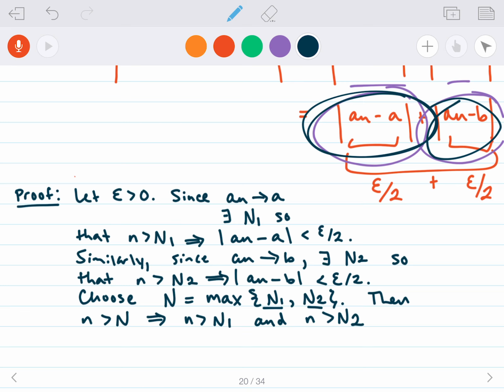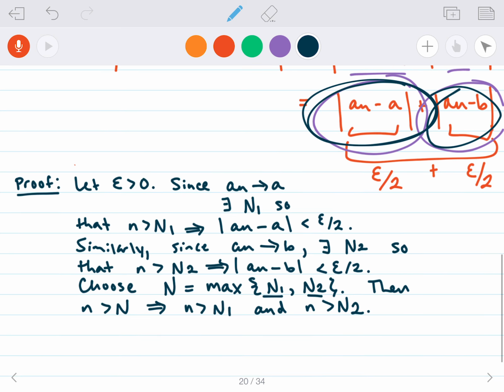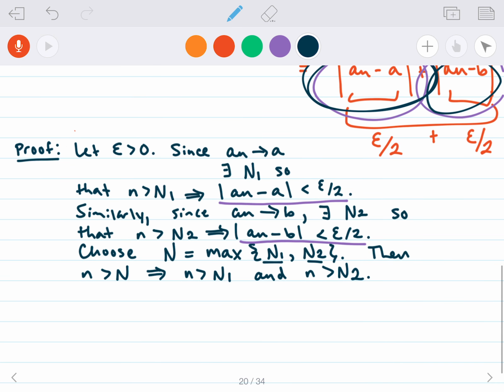Because if N1 is bigger, then N2 is going to be the smaller thing. So if little n is bigger than N1, it's certainly going to be bigger than N2. So both of these things are true at the same time. And that means that these inequalities hold. Both of these hold simultaneously. All right? So we have the following.